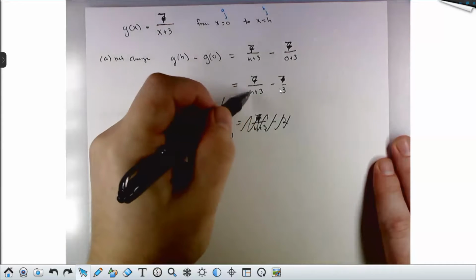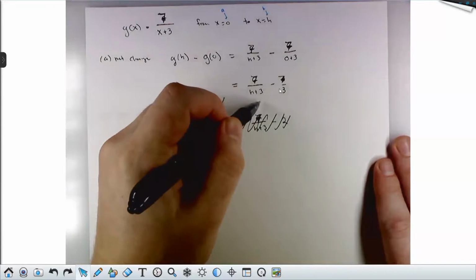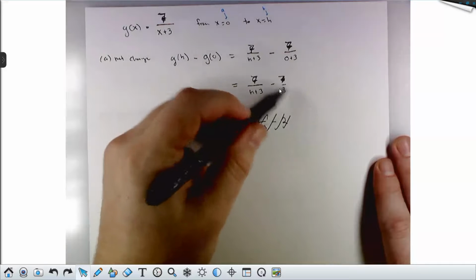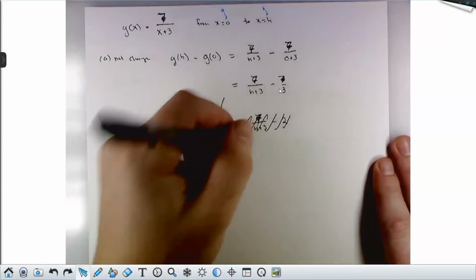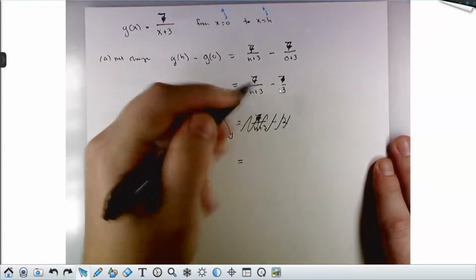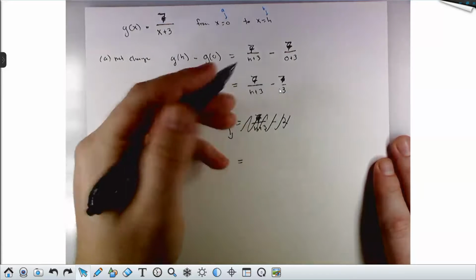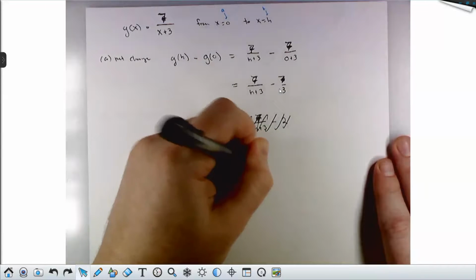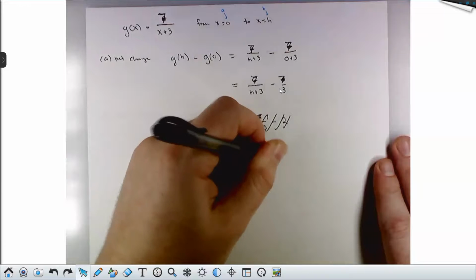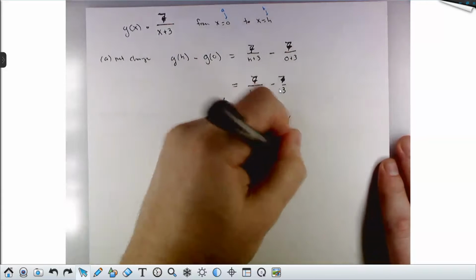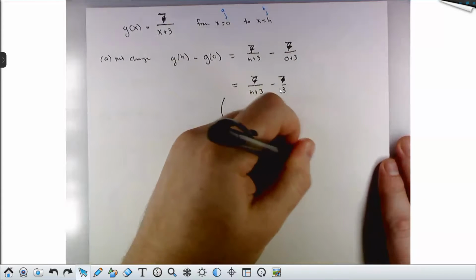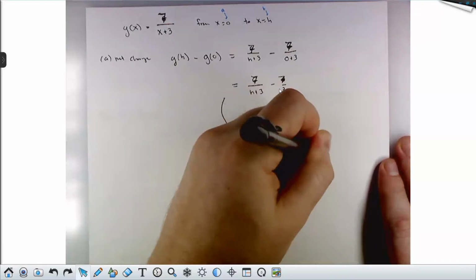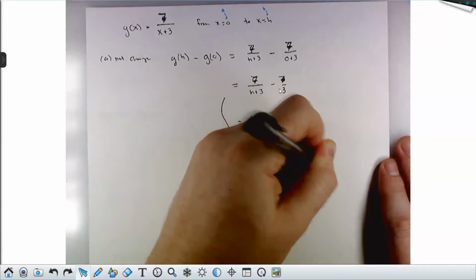So this guy has a factor of h plus 3 downstairs, and this guy has a factor of 3 downstairs. So my common denominator is going to be h plus 3 times 3. The 7 over h plus 3 would get multiplied by 3 over 3. And the 7 over 3 would get multiplied by h plus 3 over h plus 3.